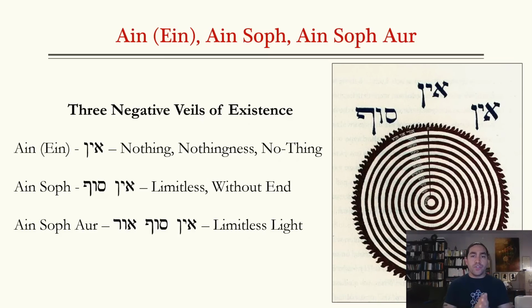Over here on the right, you see a circular tree of life with, in Hebrew, written Ain Soph Aur. Well, kind of. It says Ain Soph, and Eyn Soph Aur isn't actually written in this one. Ain and Eyn Soph. First, the first negative veil of existence is said to be Ain, or Ayin. It goes both ways, actually.